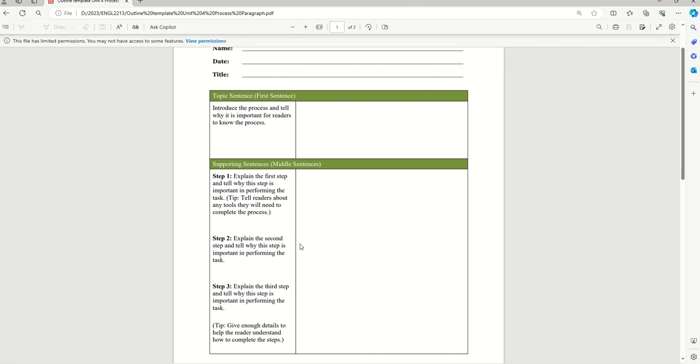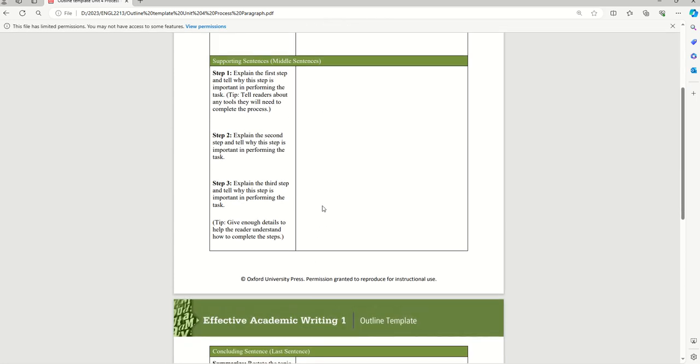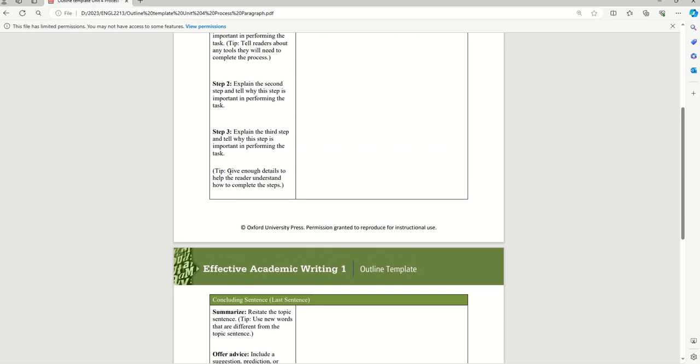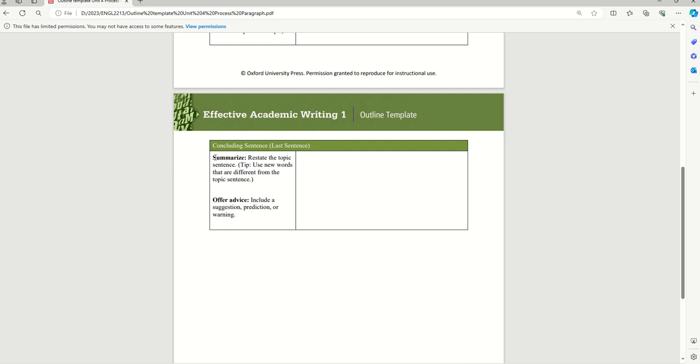Step 2, main step plus detail. Step 3, main step plus detail. And add one more step, Step 4, right here. And the concluding sentences: summarize and offer advice.